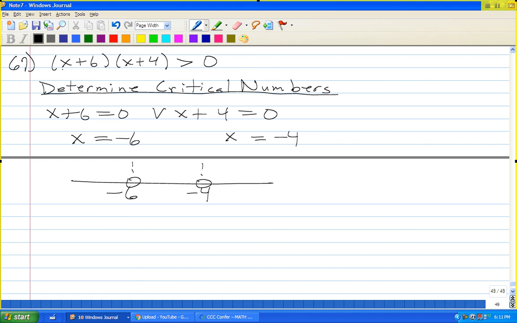Let's say 0. At 0, I have positive times positive is positive. Again, each of the critical numbers are simple roots. They all have multiplicity of 1. And so the signs alternate. So plus, minus, plus. I want this to be greater than 0. So I fill in the pluses.